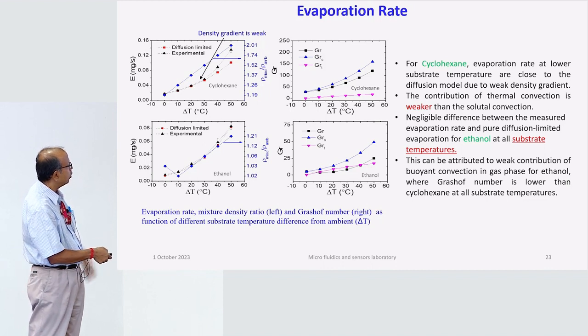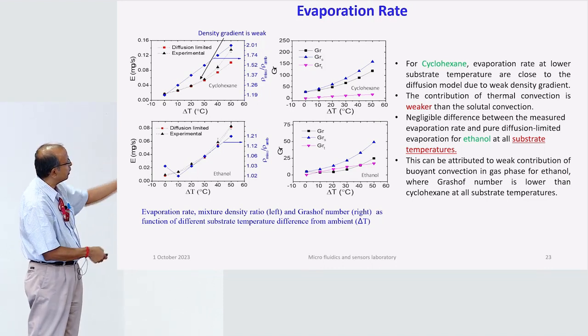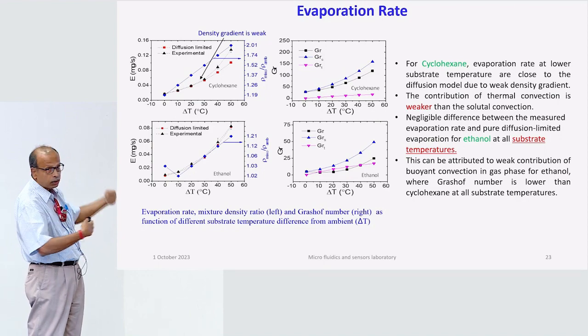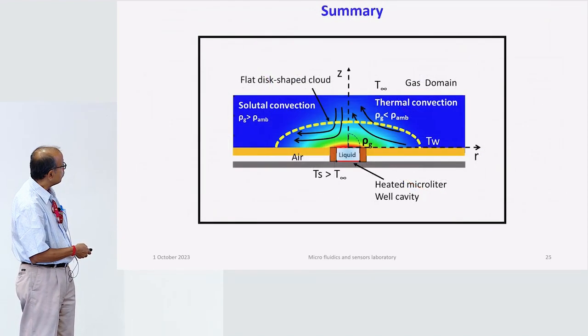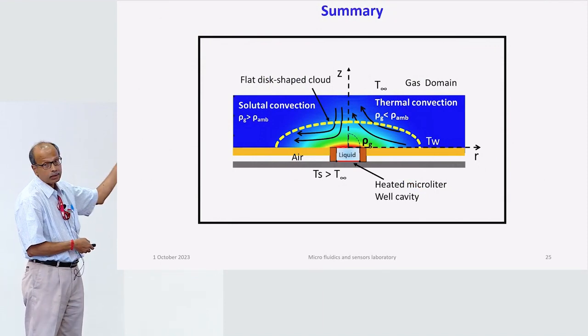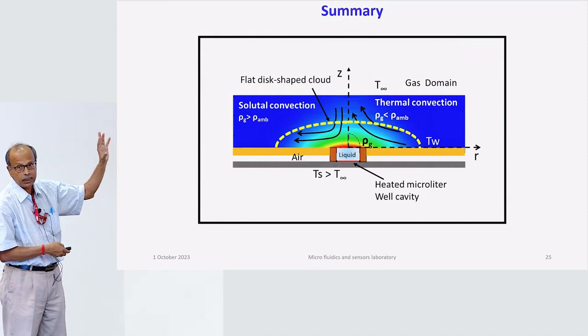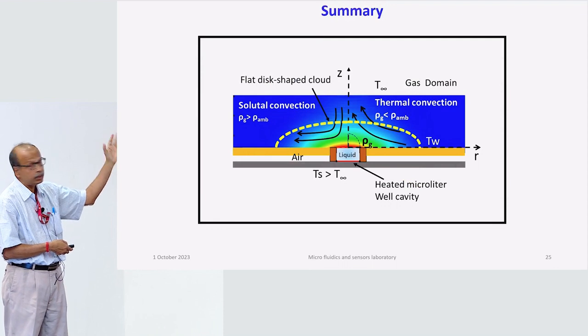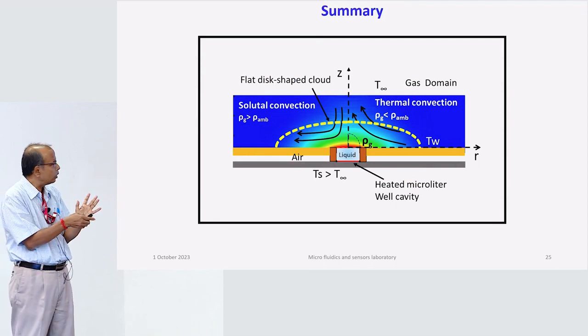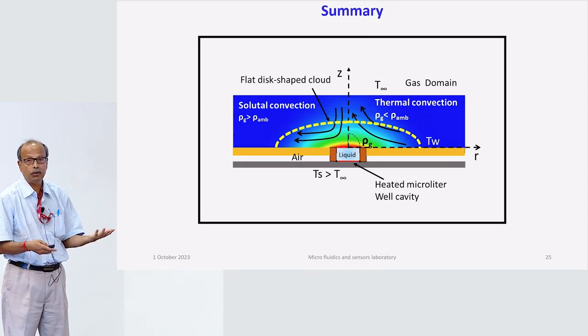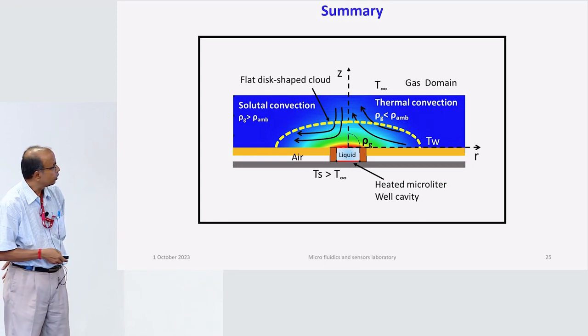Depending on how the thermal and solutal are behaving, the closeness to the diffusion limited is different now. So I will skip this one. The whole idea is just to show the thermal and the solutal contribution and their effect. Close to your low temperature limit, diffusion is still good, and as you go away, it is not good.